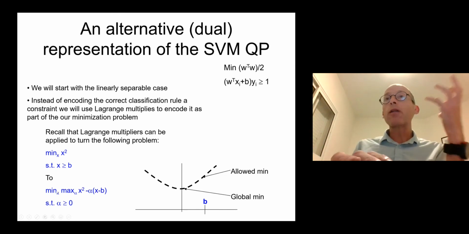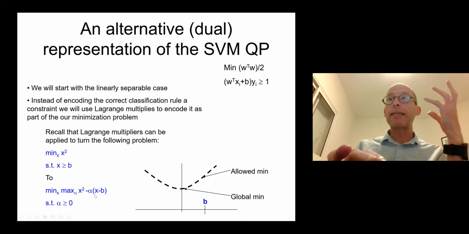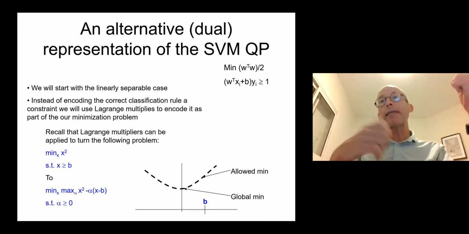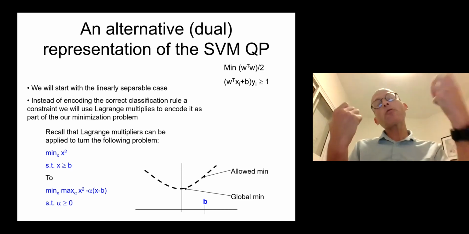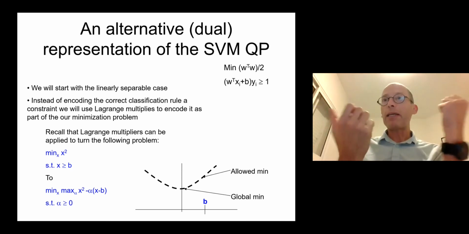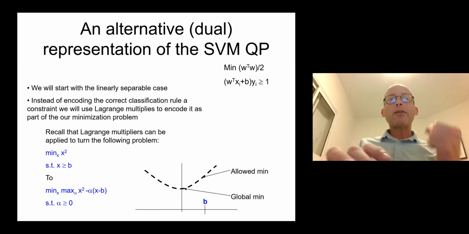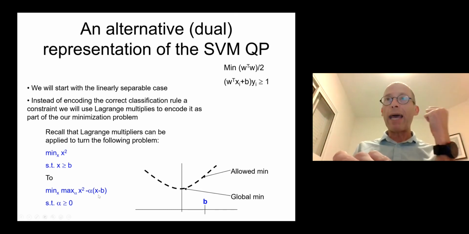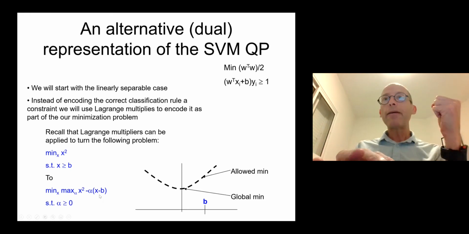So it wouldn't be a good idea to select an x that is less than b, right? The way it works is that first we select an x, then we select an alpha. But x has to take into account the fact that alpha can take different values. So for x to minimize this function, it would have to be an x where x minus b is greater than 0.